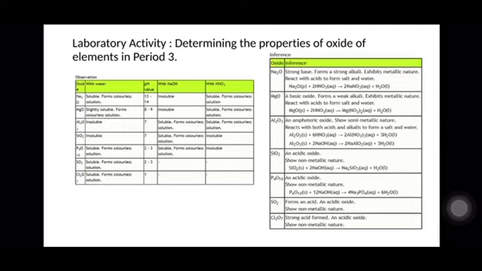So strong alkali. Magnesium basic oxide juga tapi dia weak alkali sebab dia punya pH value between 8 to 9. Alright. And then makin ke kanan, you can read the table ni. So kamu boleh pause video ni dan kamu boleh baca dia punya observation.